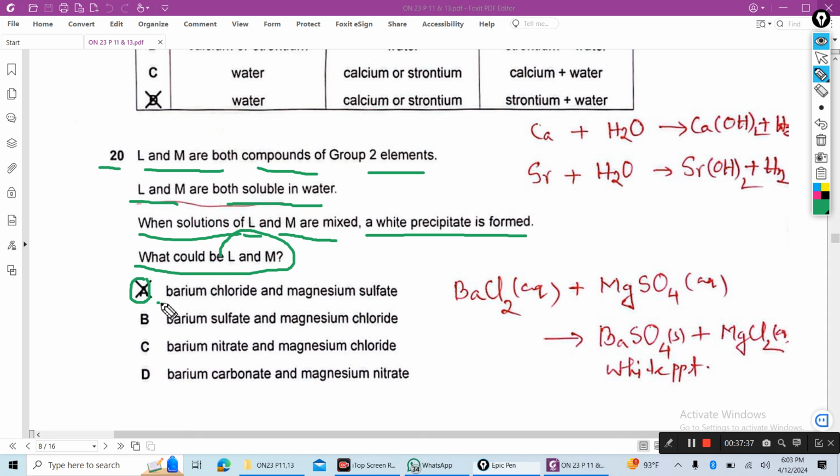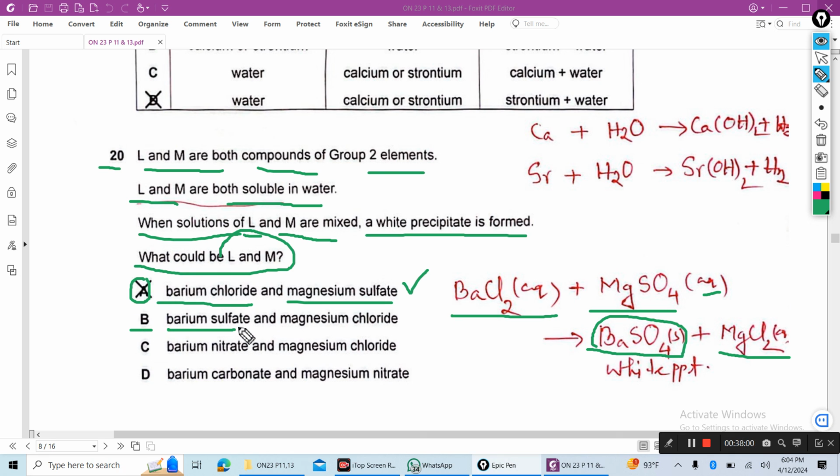Why? Barium chloride is soluble, barium chloride aqueous, plus magnesium sulfate also soluble, magnesium sulfate aqueous. They react to produce barium sulfate white precipitate and magnesium chloride aqueous solution. So this is the right answer A. But B, barium sulfate, this is wrong.